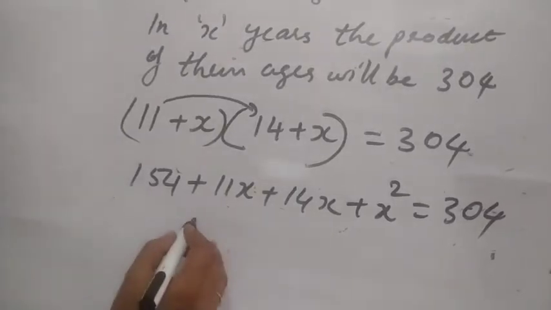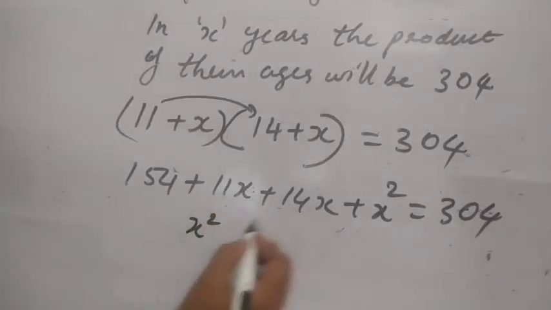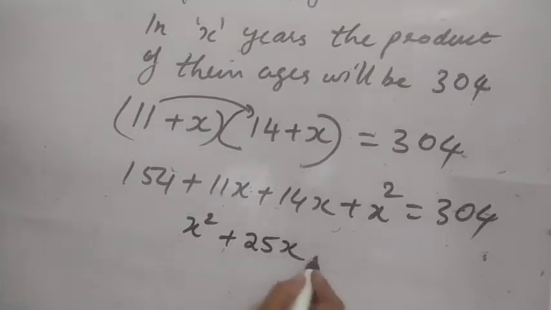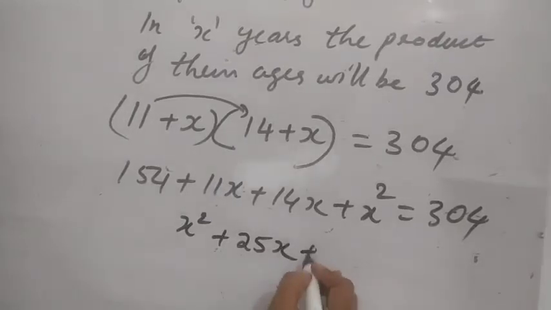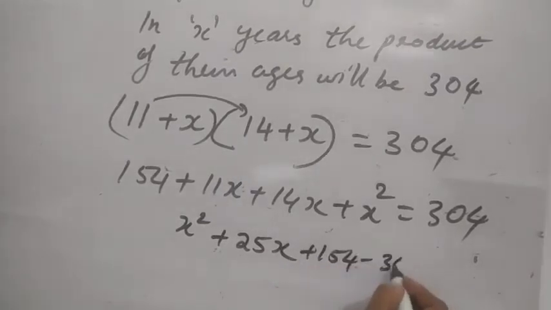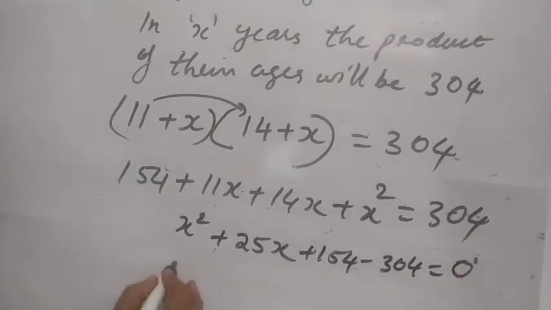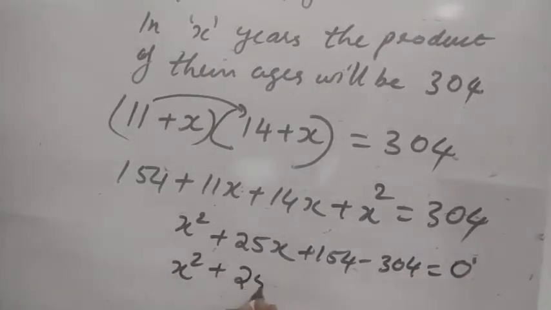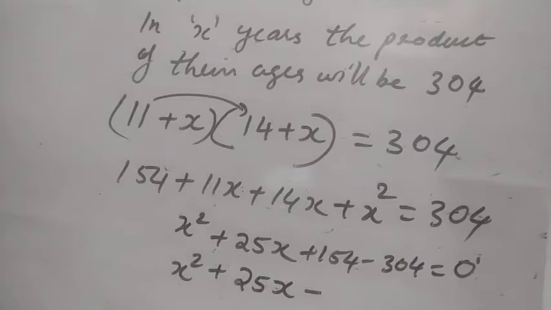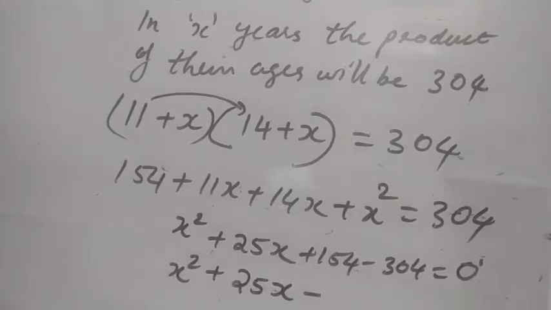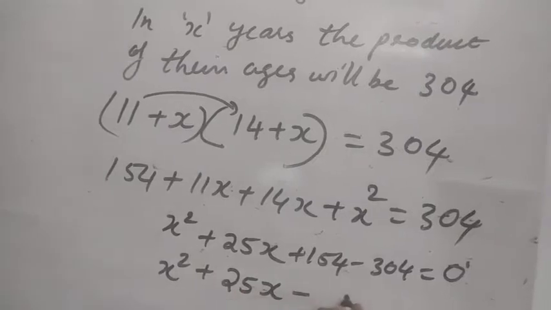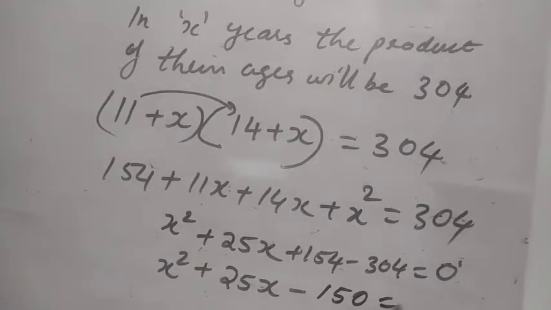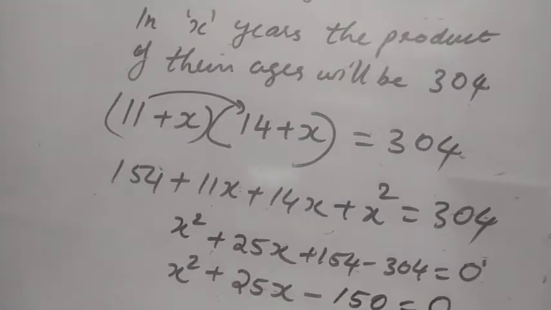So here you can write x square, 11x plus 14x is 25x, plus 154 minus 304 gives 0. That is x square plus 25x, subtracting 304 and 154, we get minus 150, equal to 0.